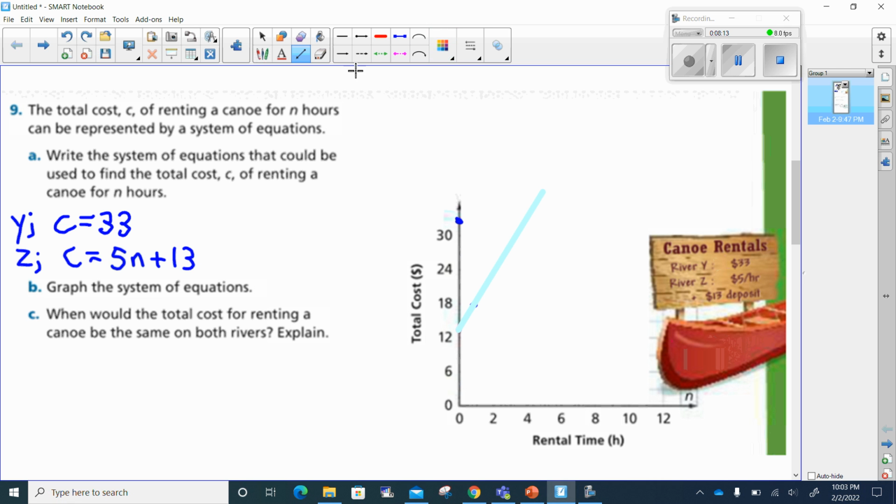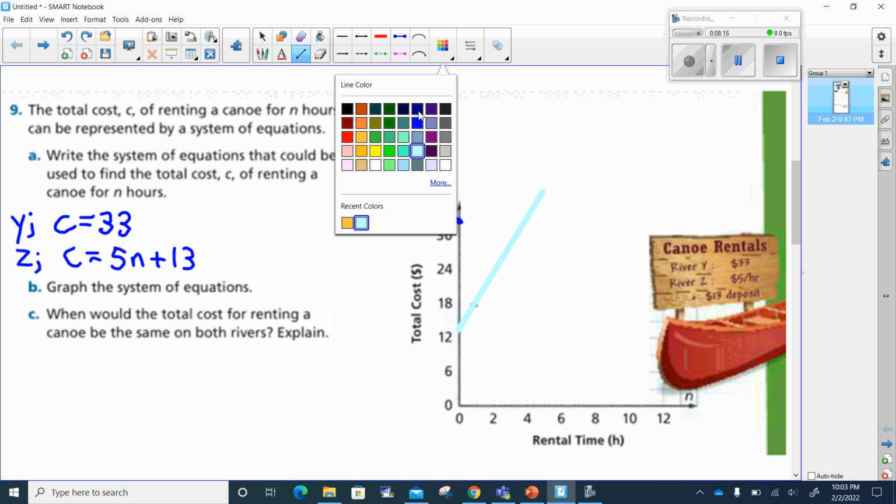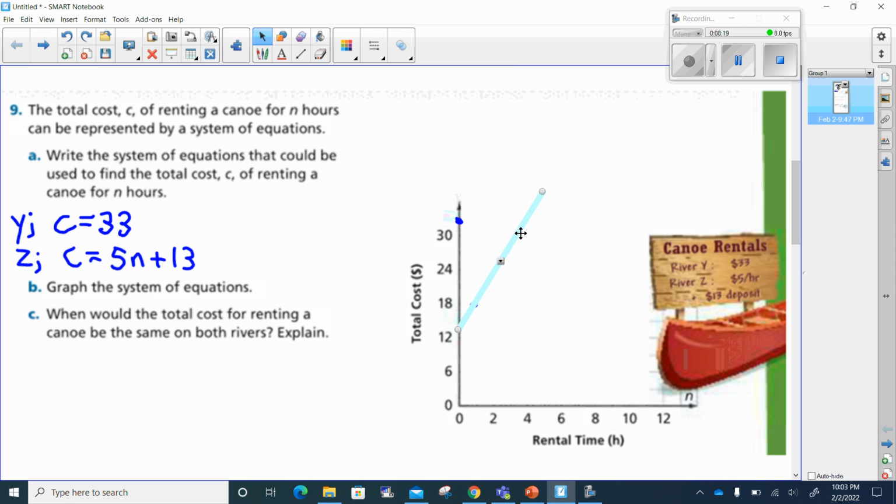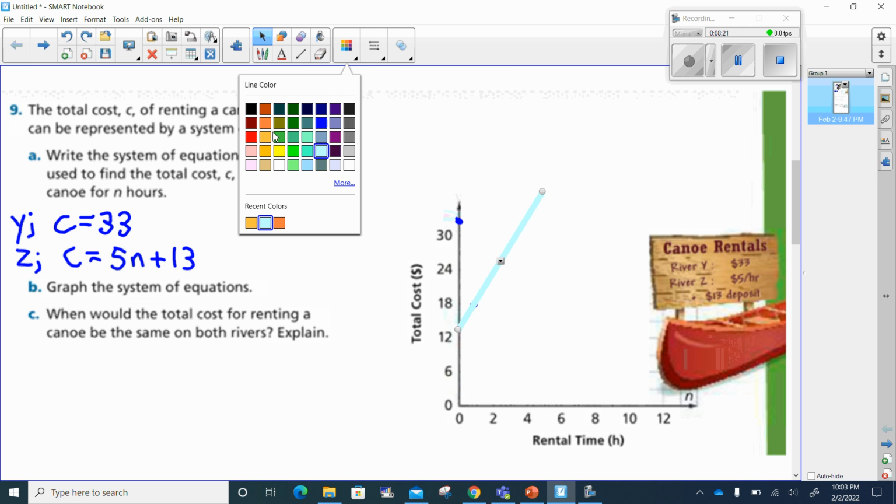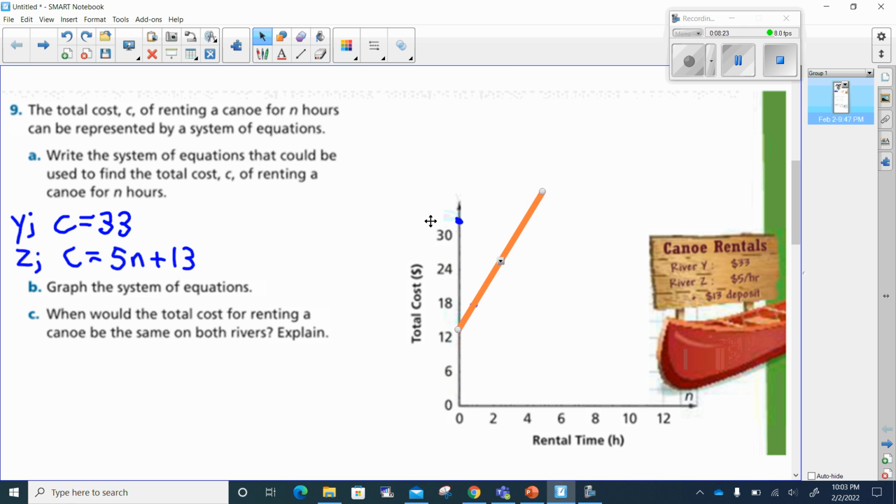Okay, and you might be thinking, what is 33 then? Well, 33 is going to be throughout, because no matter how many hours, I'm going 33. This tells me about when are they going to meet at 33?